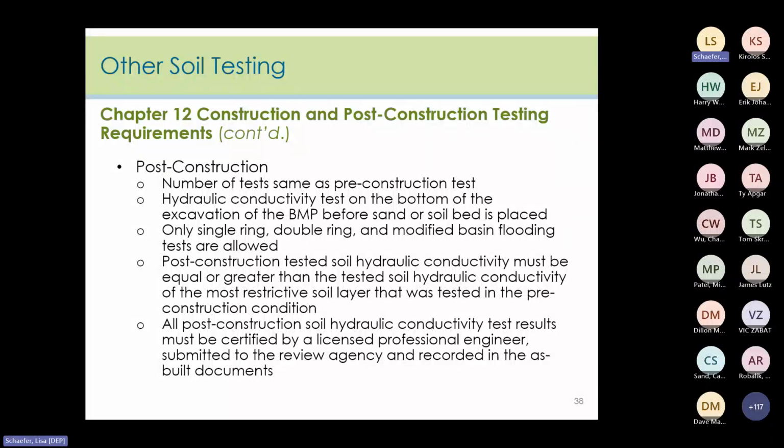The tested soil hydraulic conductivity from the post-construction test must be equal or greater than the tested soil hydraulic conductivity of the most restrictive soil layer that was tested in the pre-construction condition. Lastly, all post-construction soil hydraulic conductivity tests must be certified by a licensed professional engineer, submitted to the review agency, and recorded in the as-built documents.